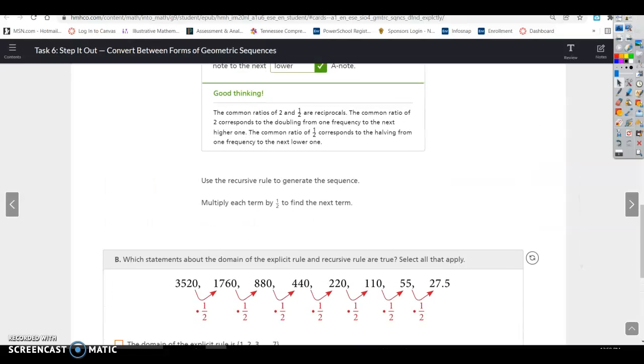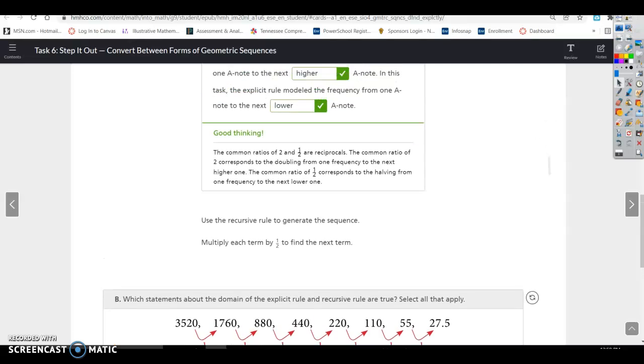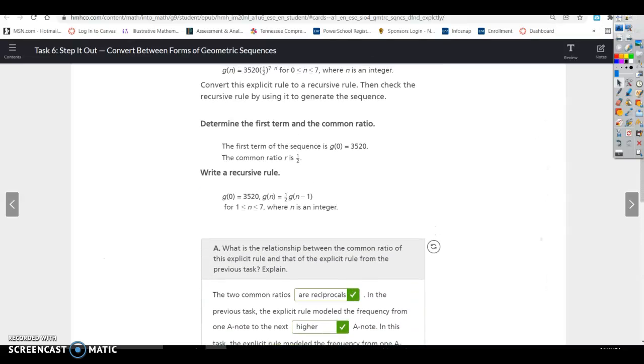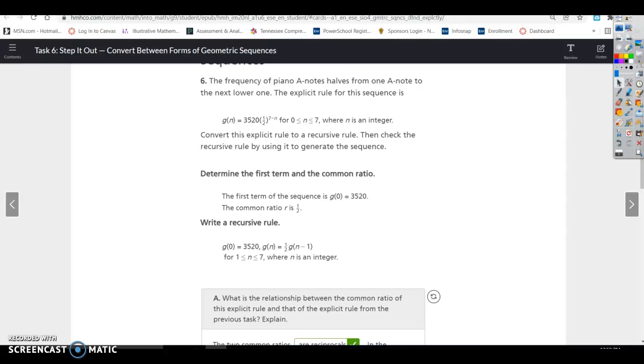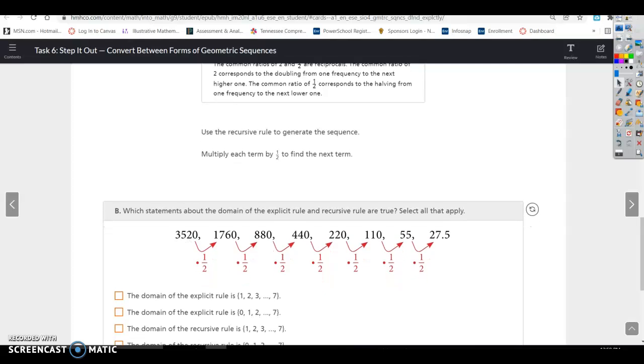All right, so it says which statements about the domain of the explicit and recursive rules are true. So again, if you look, the explicit rule goes from 0 to 7, and the recursive rule goes from 1 to 7. So the domains are different.